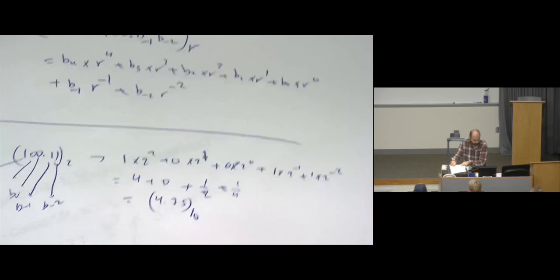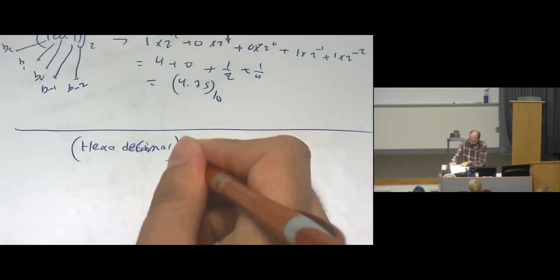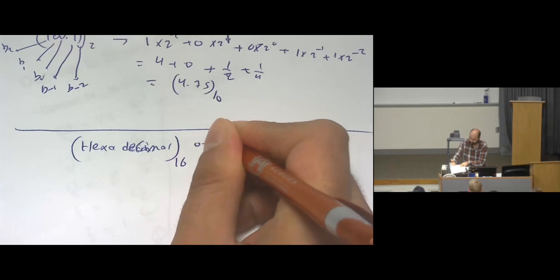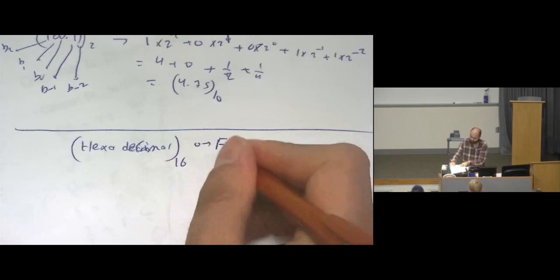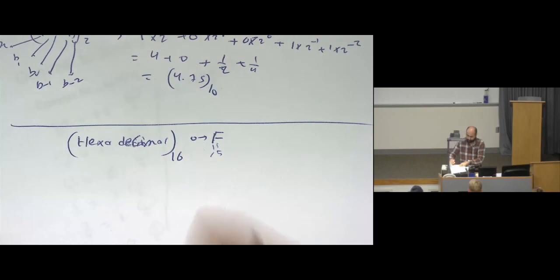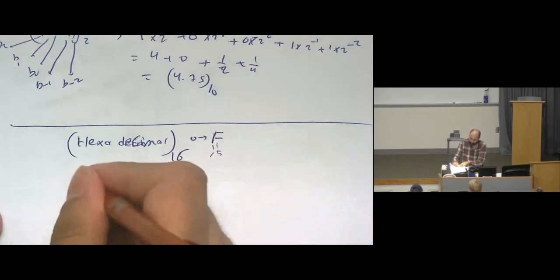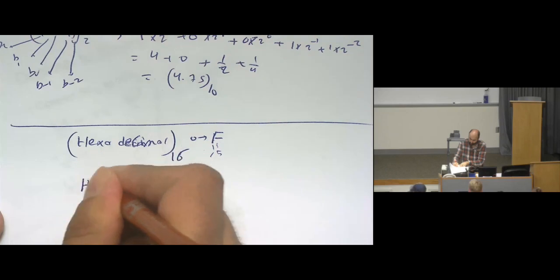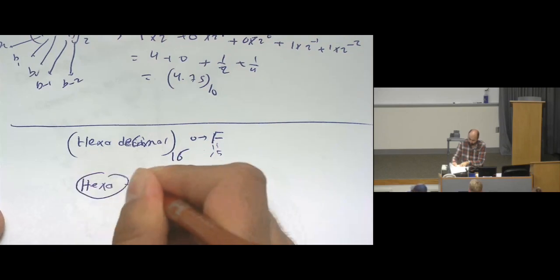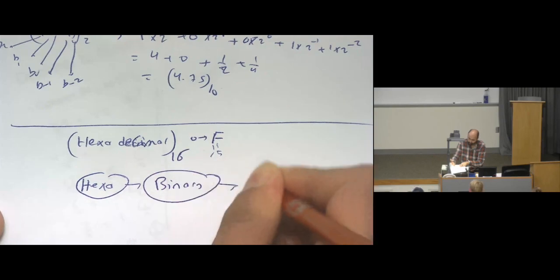Hexadecimal means base 16, with the digits from 0 to F, so F is equivalent to 15. Basically, when you have hexadecimal, convert it to binary first, then from binary go to decimal.